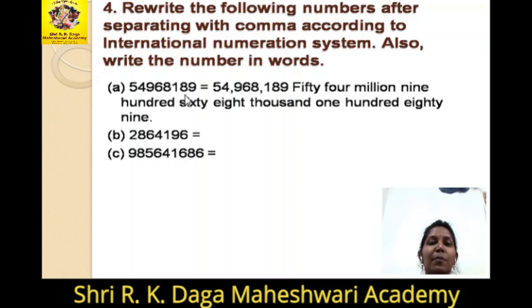So we will put comma after every 3 digits. So first comma we will put after 981. Then second comma will be put after 869. And the number becomes 54,968,189.